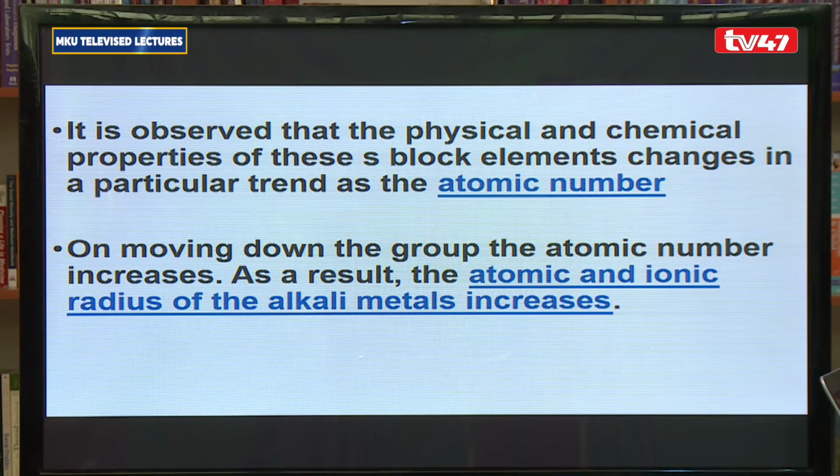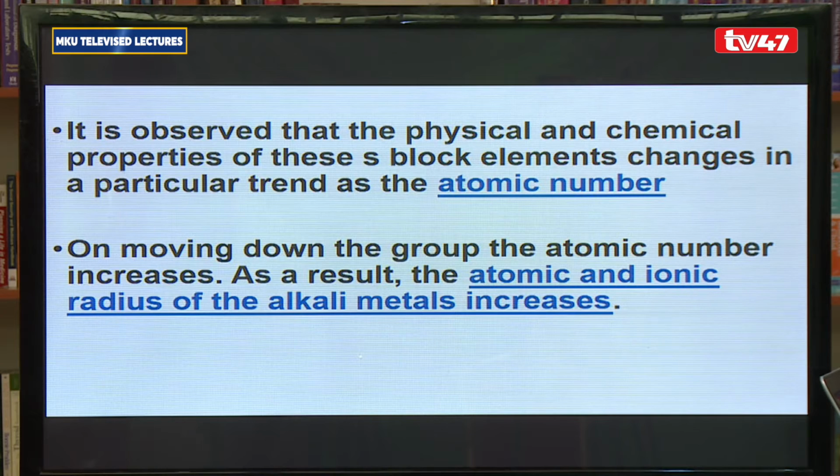The physical and chemical properties change in a particular trend as the atomic number increases. As we move down the group, the atomic number increases, which also means that the atomic radii increases.